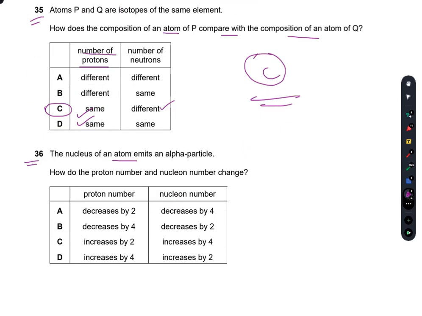Question number 36. The nucleus of an atom emits an alpha particle. How do the proton number and the nucleon number change? The mass number of an alpha particle is 4, whereas the atomic number of the alpha particle is 2.